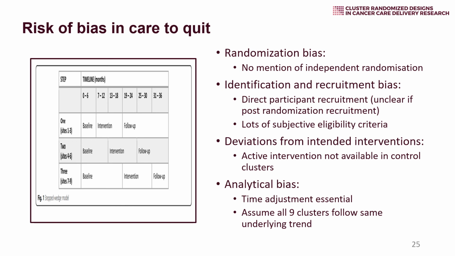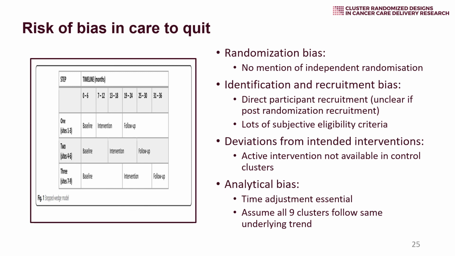Now, was Care to Quit at risk of bias? While thinking about randomization bias, there was no mention of any independent randomization. So potential source of bias here. Identification and recruitment bias. Well, there was direct participant recruitment, but it was unclear if there was post-randomization recruitment. There were lots of subjective eligibility criteria.